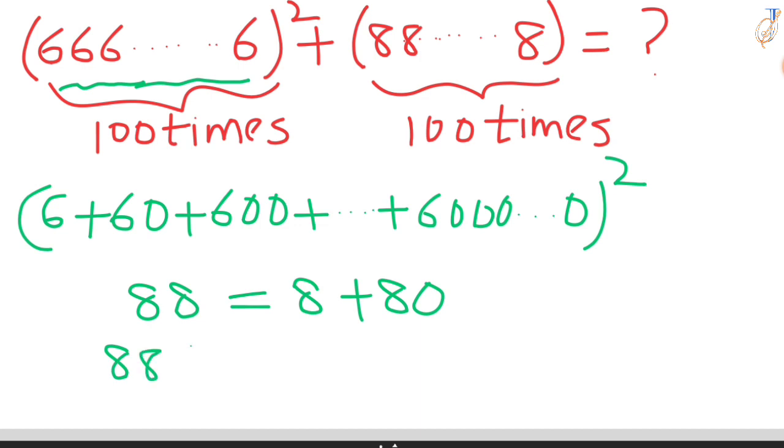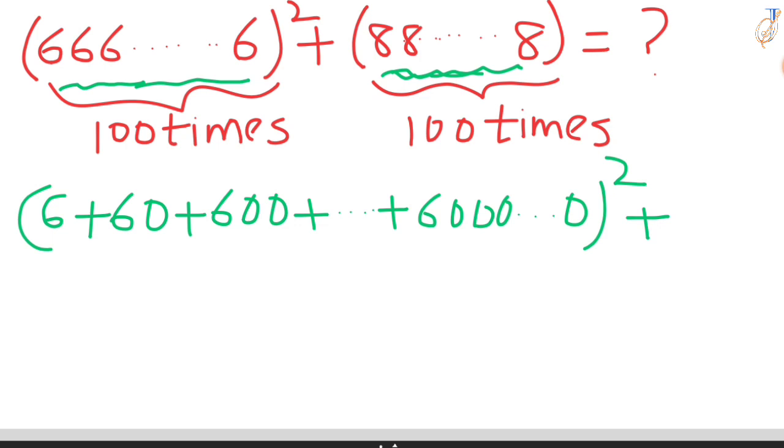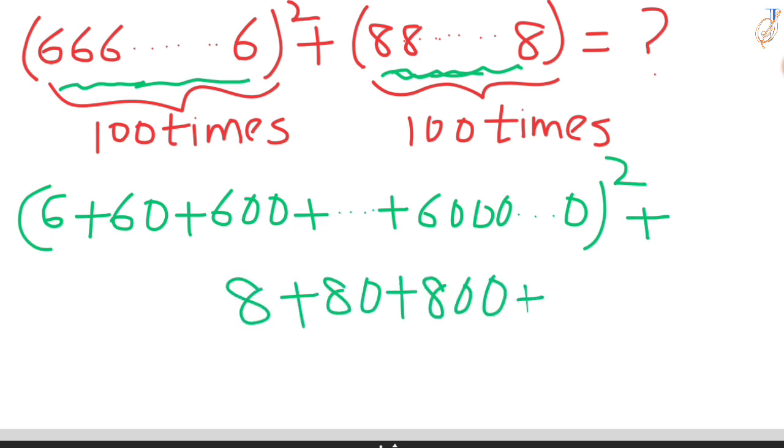If you take 888, we can write this 8 plus 80 plus 800 only. Similarly, shall we write this series? Yes, we can write plus 8 plus 80 plus 800 plus and so on plus 800 and so on. The first series and second series are written in place value format.